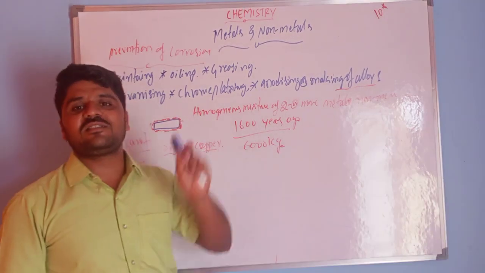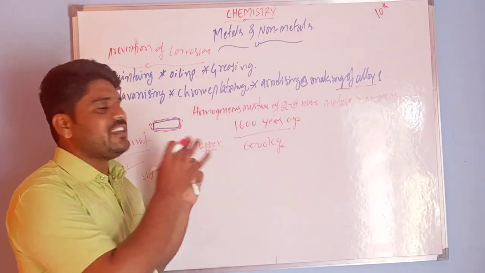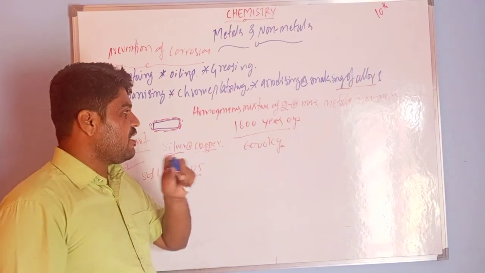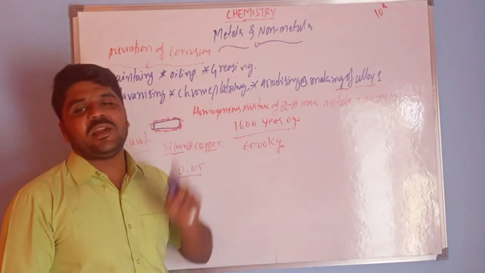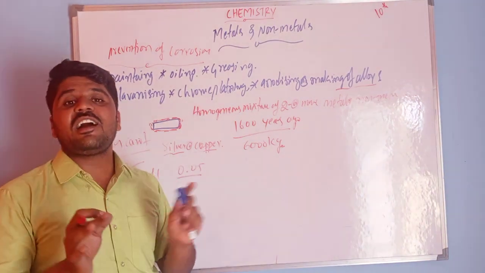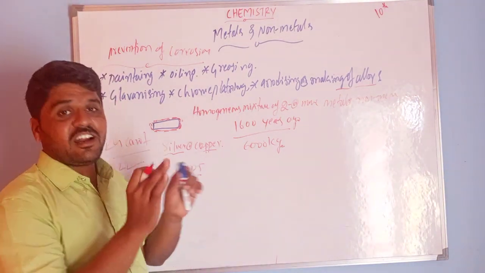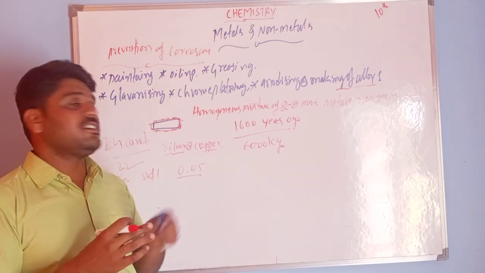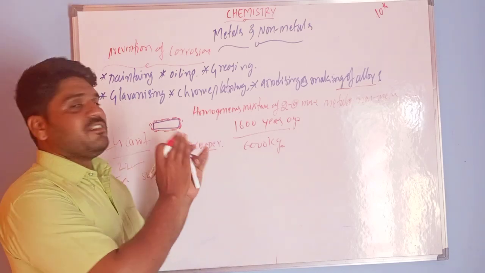Scientists and chemists from all parts of the world came to examine that pillar, but it does not rust in the environment. So this is the prevention method of alloys.